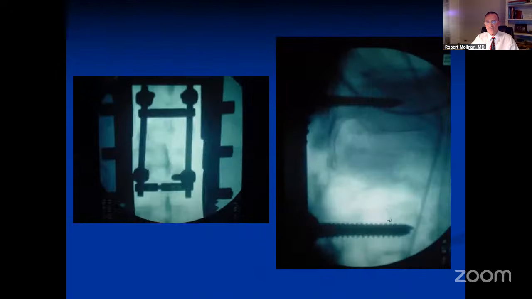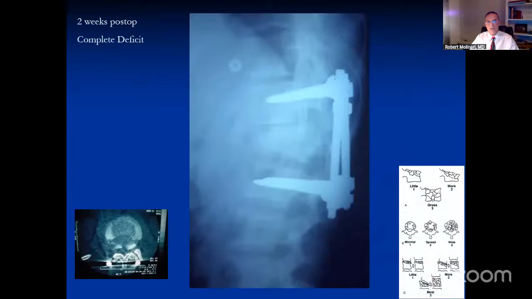The surgeon at the local community hospital took the patient immediately to surgery and put 2 screws above, 2 screws below, and 2 crosslinks on this patient. So again, what I think is an inadequate construct for the patient's injury. And what happened was 2 weeks later, the patient was transferred back to our Army facility and had resubluxation of the spine.